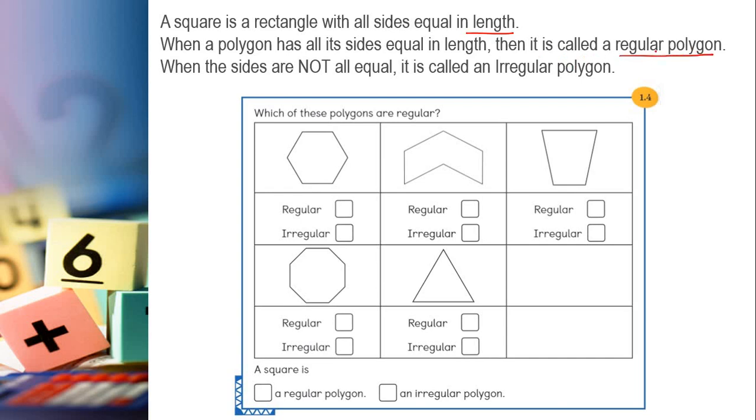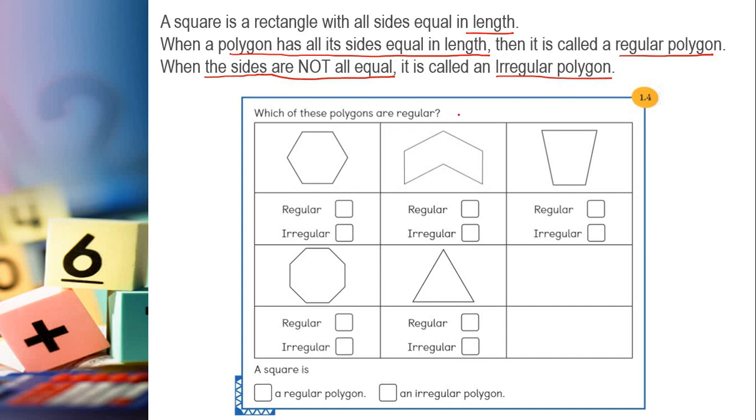There are 2 types of polygon. One is regular polygon and irregular polygon. What is the meaning of regular polygon? A polygon that has all its sides equal in length is called regular polygon. A polygon whose sides are not all equal is called irregular polygon.